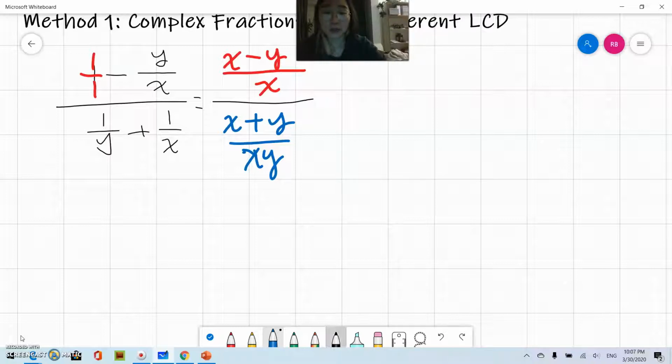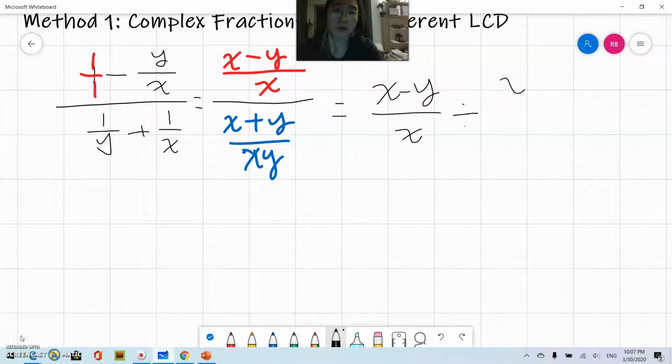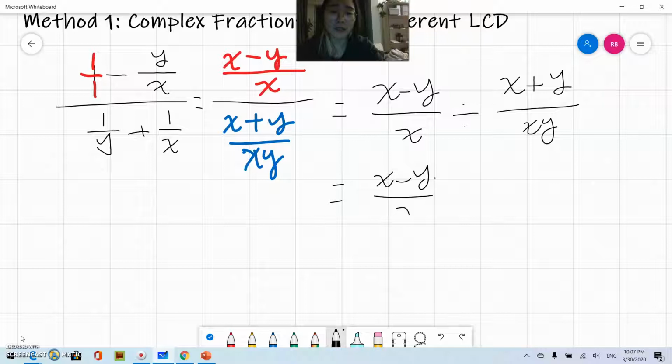I'm going to actually write it out so that you can remember how to deal with this, but after that, I'm going to use shortcuts. So a complex fraction just means that you're dividing two fractions. And we know how to deal with division because it can be written as multiplication by the reciprocal.